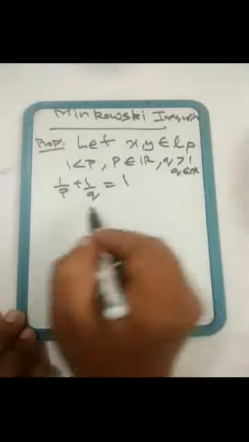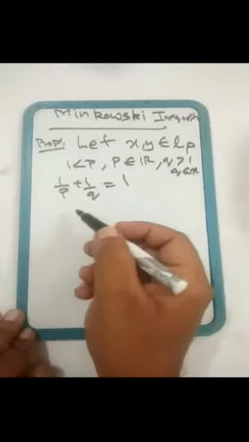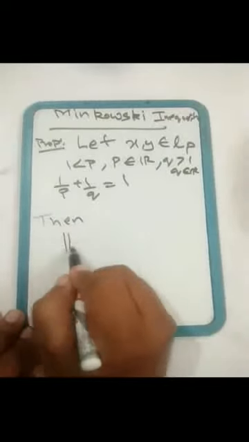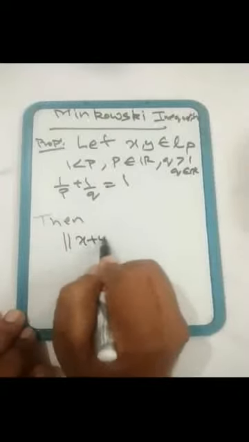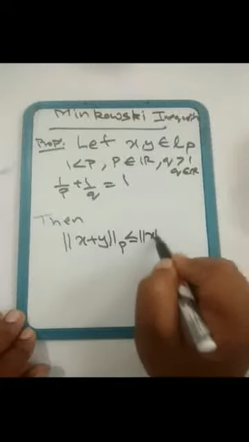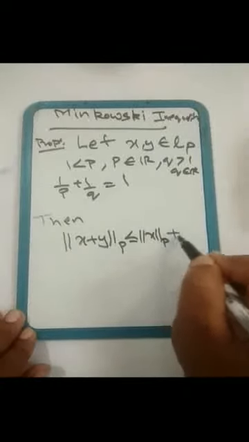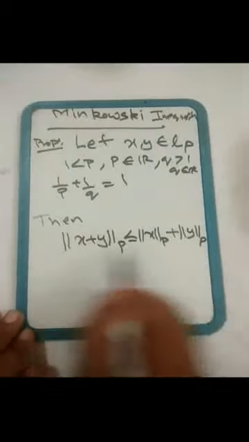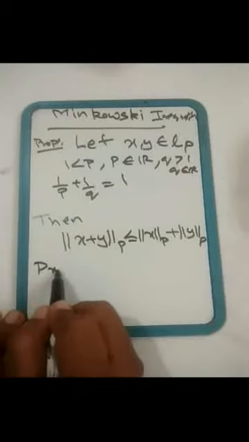Okay, this is the case. And the claim is that the pth norm of x plus y is less than or equal to the pth norm of x plus the pth norm of y. Okay. Proof.